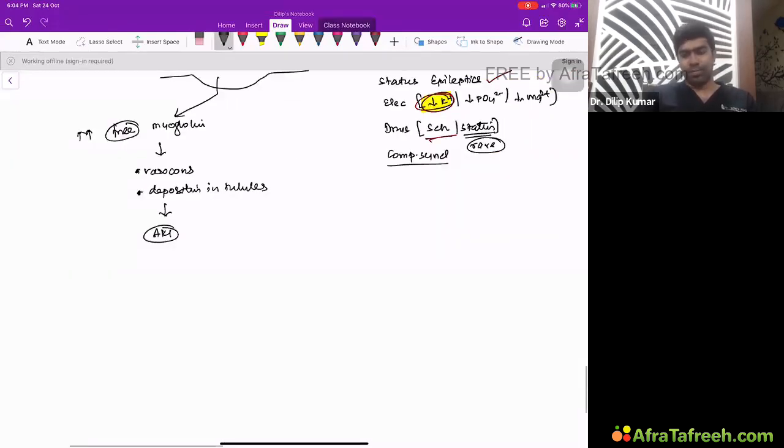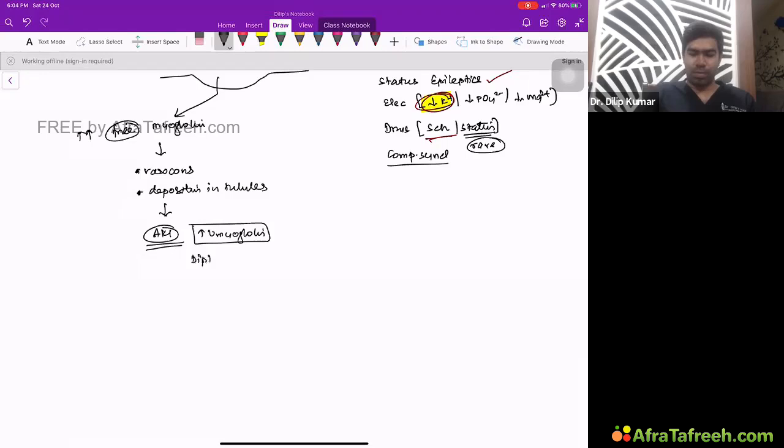Typically, this acute kidney injury will have increased urinary myoglobin. If you have any testing for myoglobin, you can directly see increased urinary myoglobin. Apart from that, there will be some characteristic presentation which I would have discussed multiple times in the past, like your dipstick will show positive for blood.